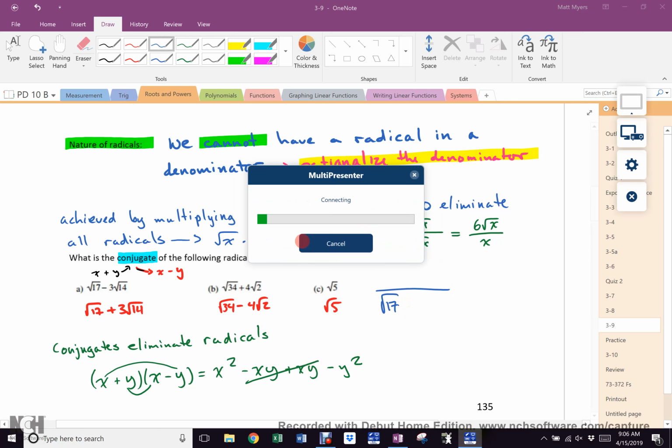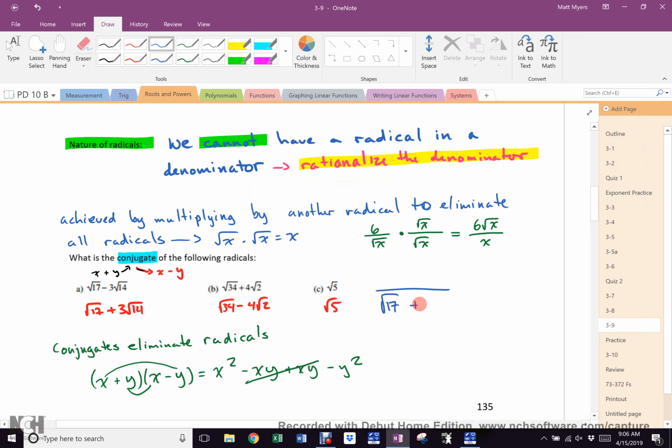So logically, what would happen if I had the square root of this? I know it's blue, don't worry. Is that allowed? No, because there's radicals in the denominator, right? So I got to get rid of them. So I know I got to multiply by root 17 to get rid of root 17. And I know I got to multiply by 3 root 14 to get a 3 root 14. But if I don't make it negative, are the middle terms going to drop out?